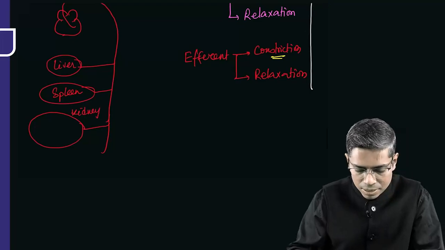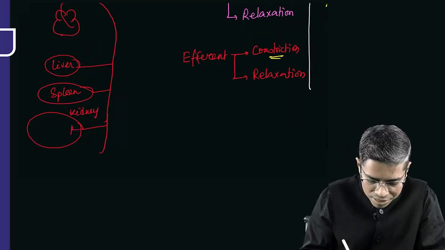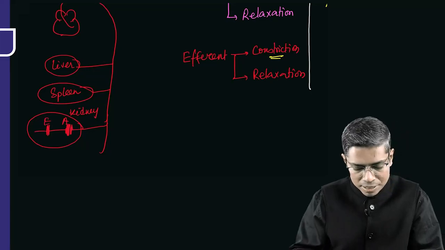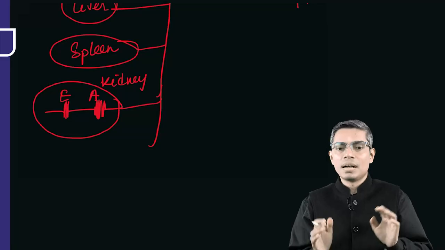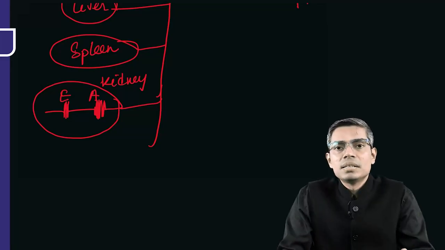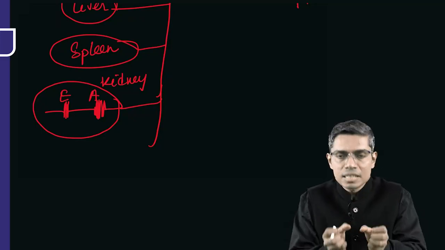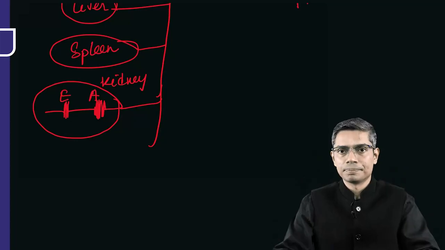And inside the kidney we have seen that there are two resistance vessels. One of them is the afferent arteriole and one of them is the efferent arteriole. Getting my point? Getting the diagram? Afferent and efferent arteriole, both are resistance vessels, both of them are located inside the kidney, and the heart is pumping blood through every organ, right?